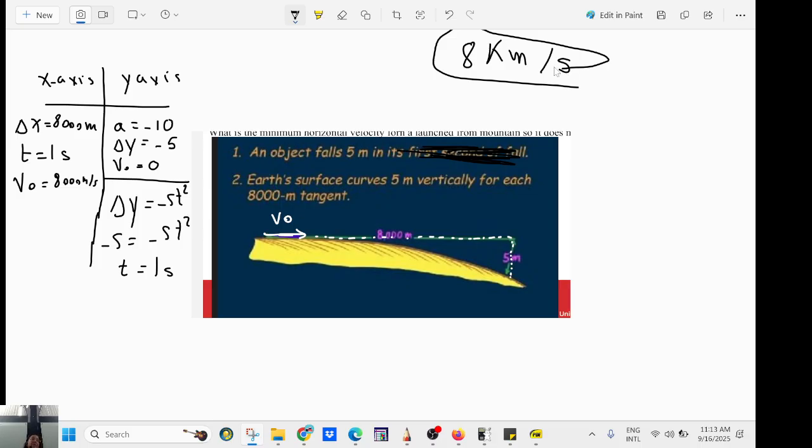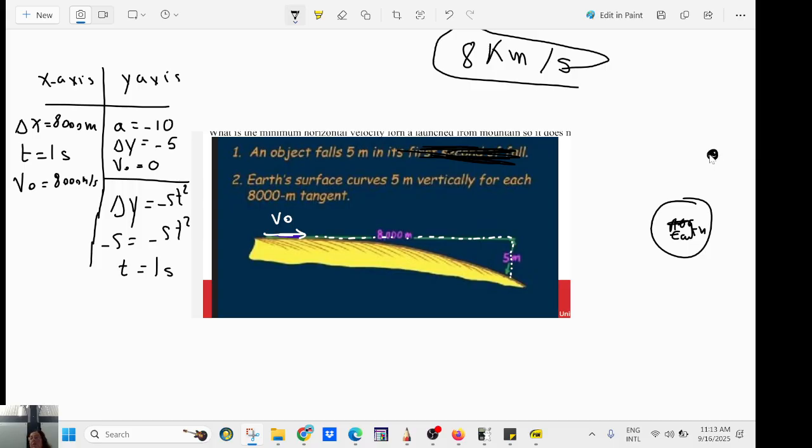If you watch the video that I asked you to watch, remember Newton said that the moon is also falling toward the Earth, but never reaches the Earth. But it's falling, right? So you have the Earth and you have the moon.